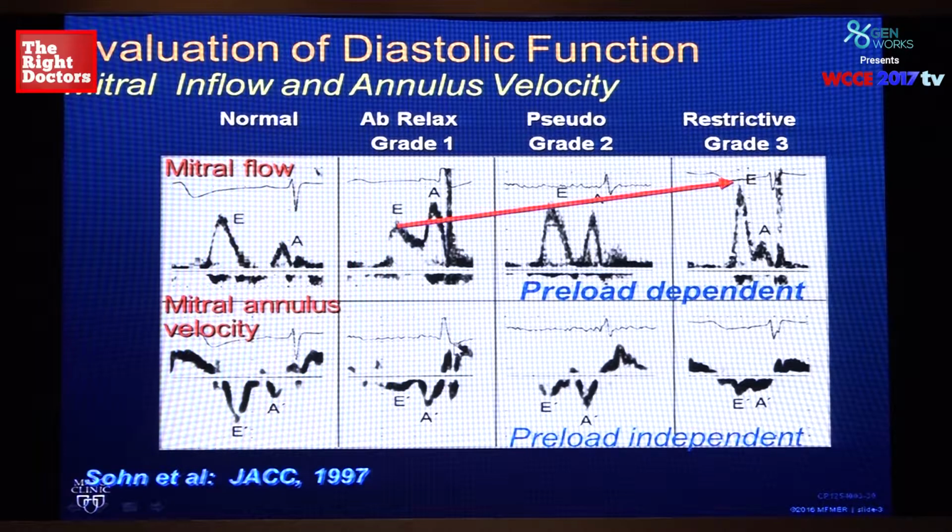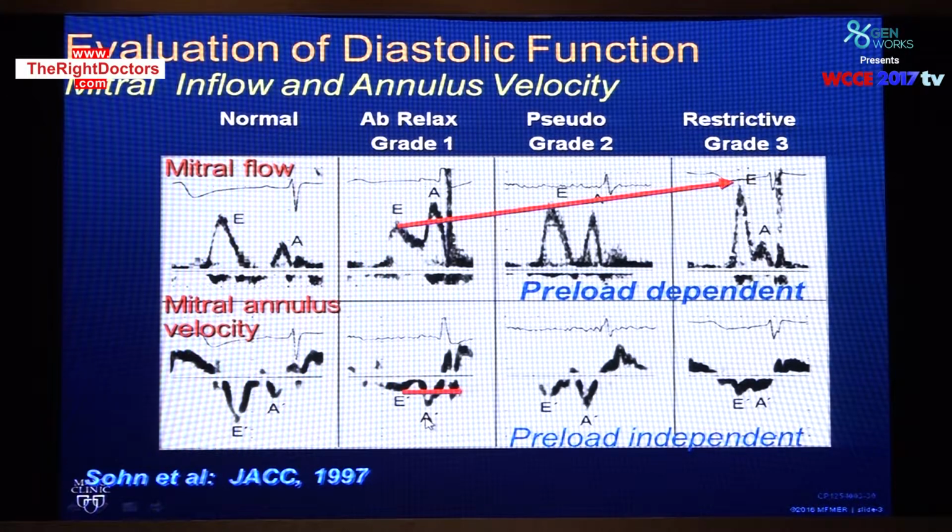But now what we know we can do is to tell the myocardial relaxation by tissue Doppler velocities, because the annulus velocity, early diastolic E prime velocity, is inversely correlated with the tau, so that as relaxation decreases with the higher tau, E prime velocity will decrease, as you see here.